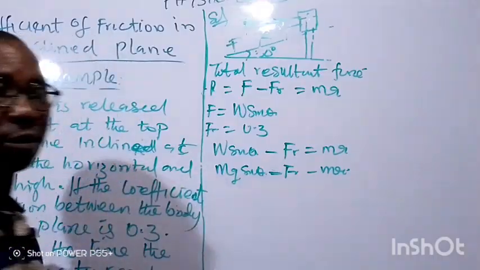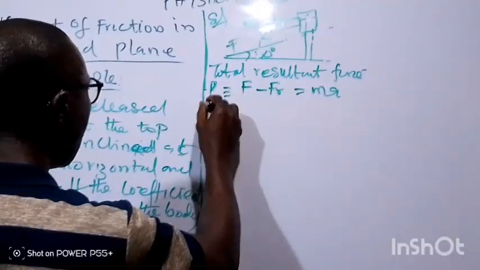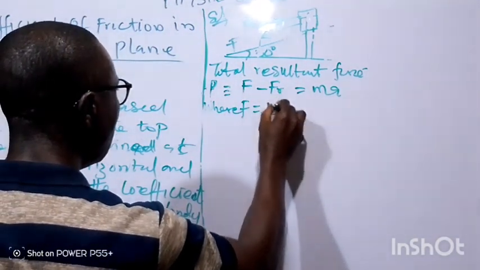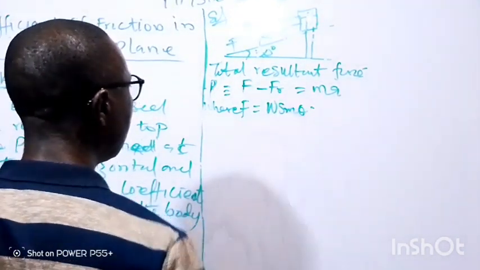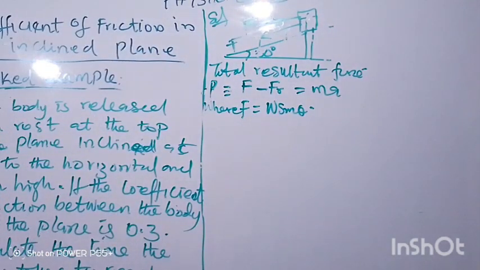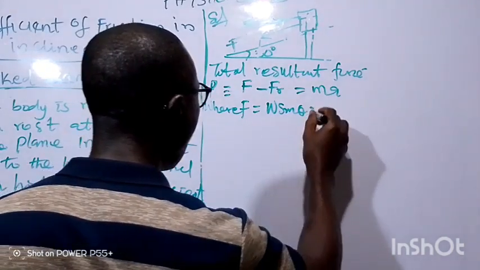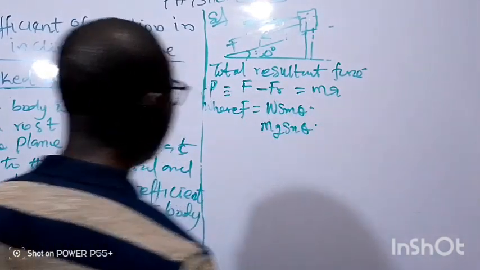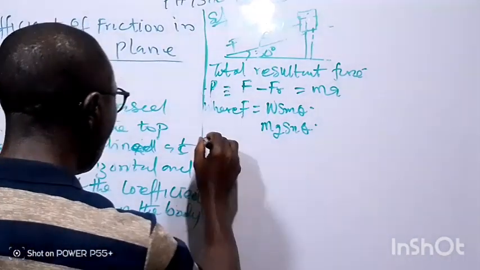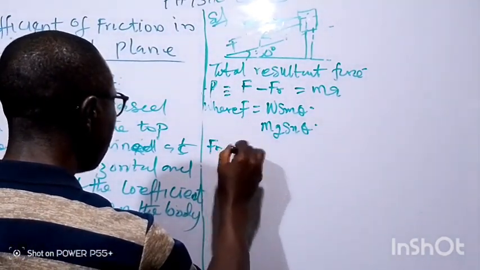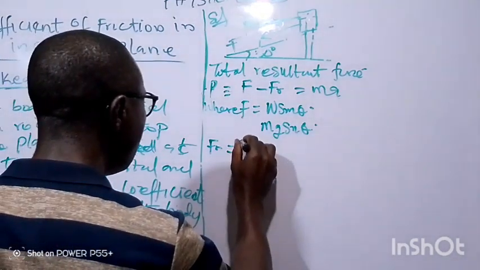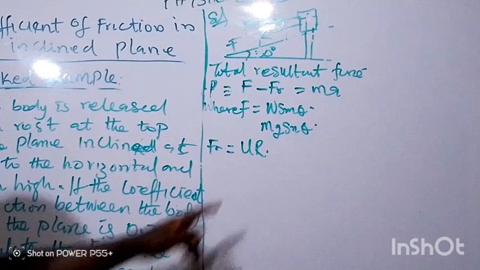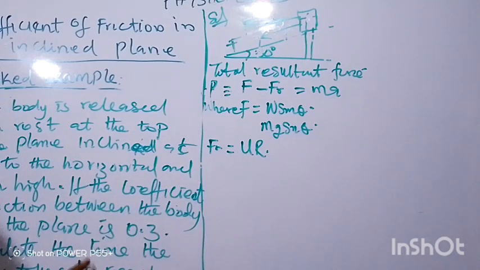See that is where F is equal to W sine theta, and the weight of the body is not given. Therefore, our F will be equal to mg sine theta. At the same time, our frictional force is equal to mu R. Mind you, mu, the coefficient of friction, is given, but the normal reaction is not given.